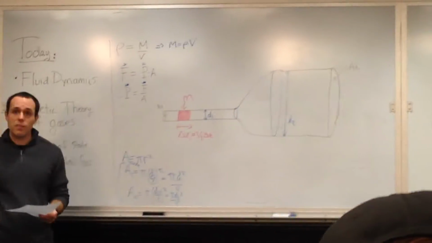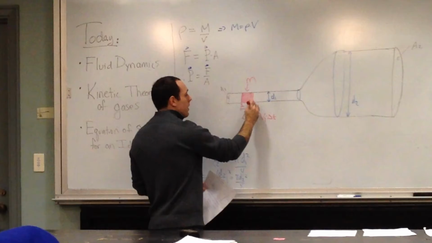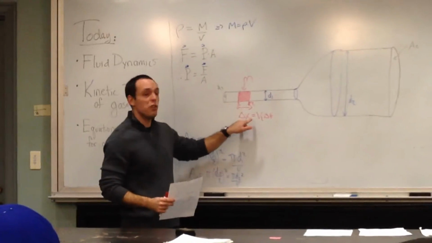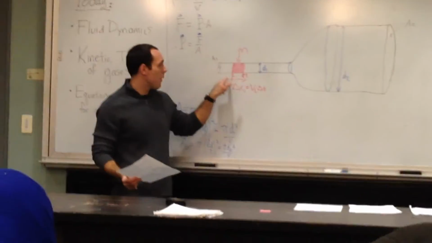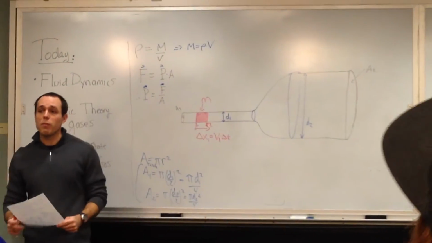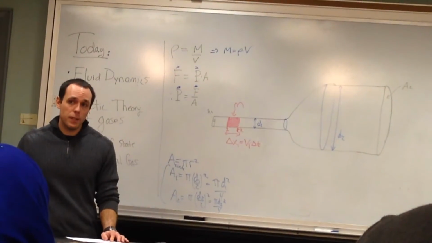That's simply what it is. The time it takes to get from, say, point 1 to point 2, however long it takes to get from here to here, that's the time. It's moving at some velocity, which I'll call v1, and thus the distance, delta x1, is just velocity times time.